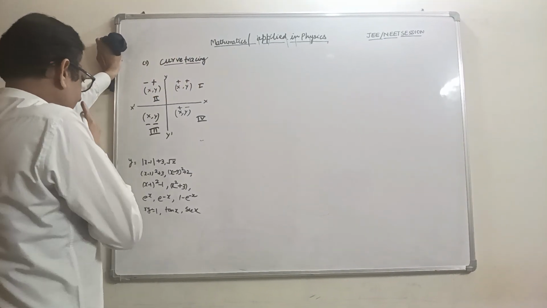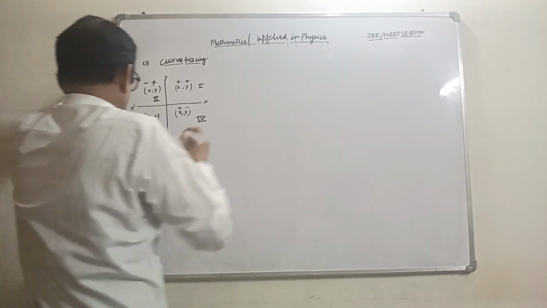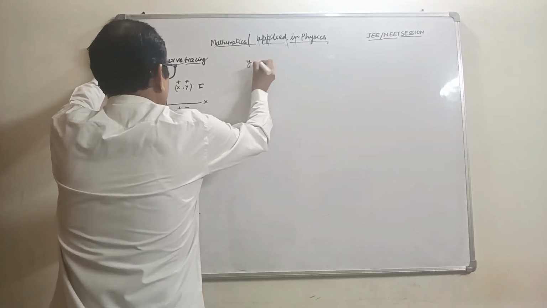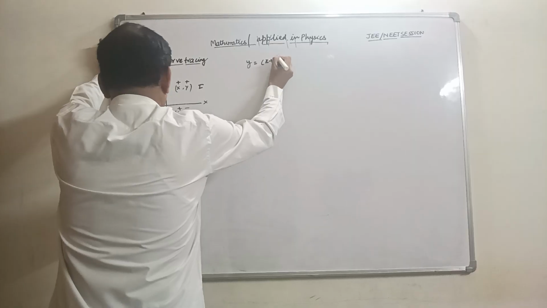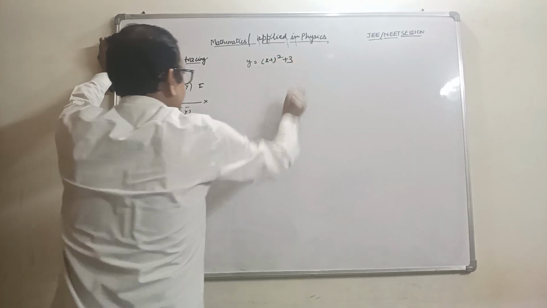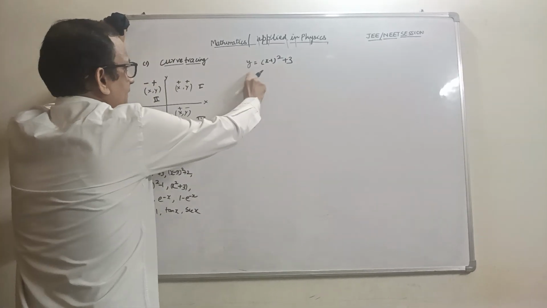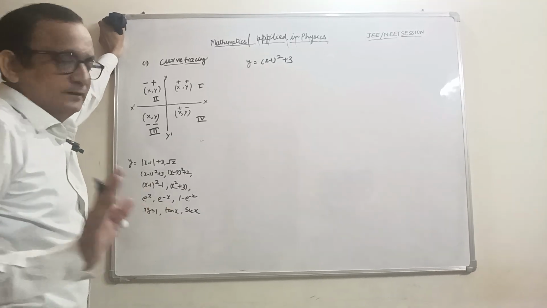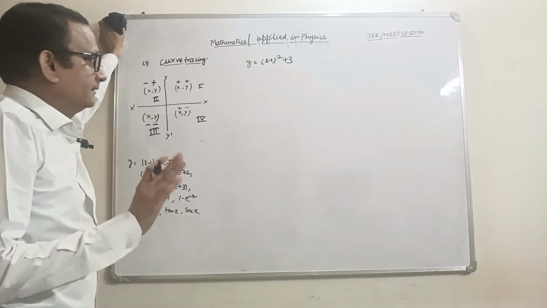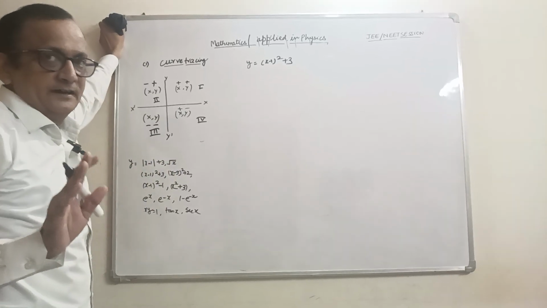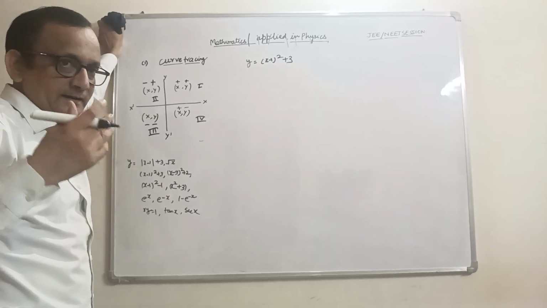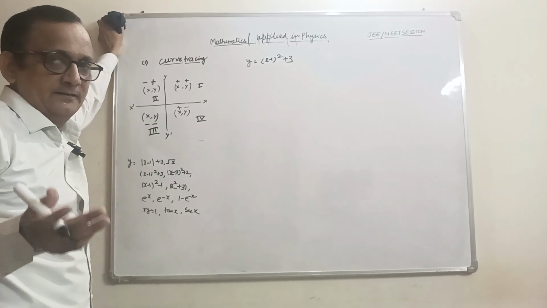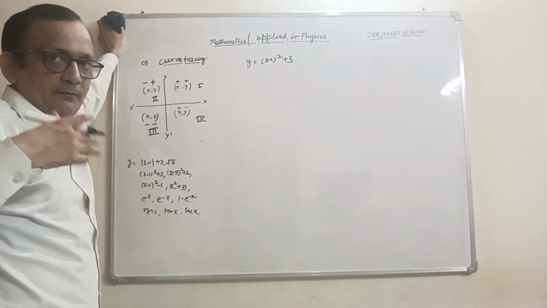Here the graph is y is equal to x minus 1 whole square plus 3. This is the equation of a parabola. We already told you that when the equation is given as y is equal to x square, the graph would be symmetrical about the y-axis.